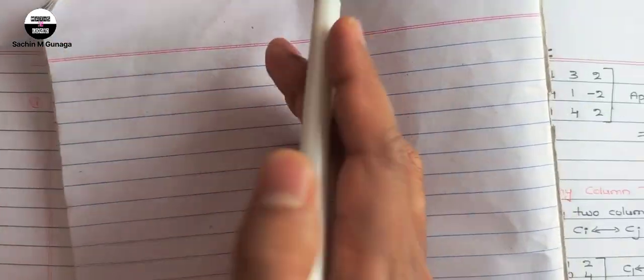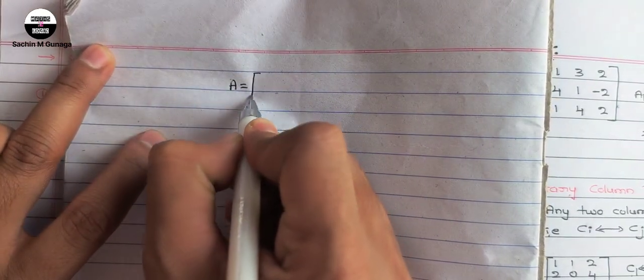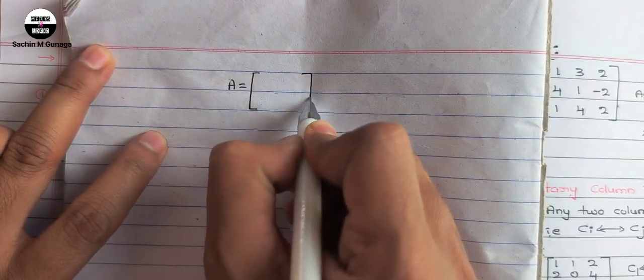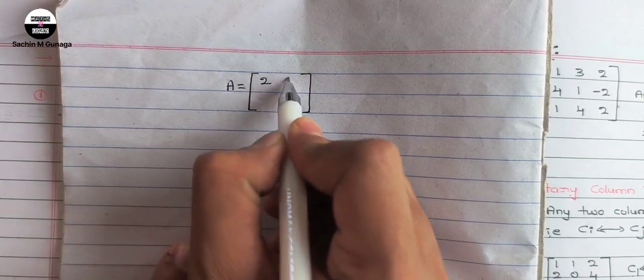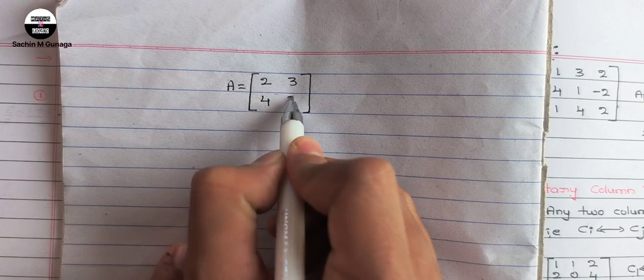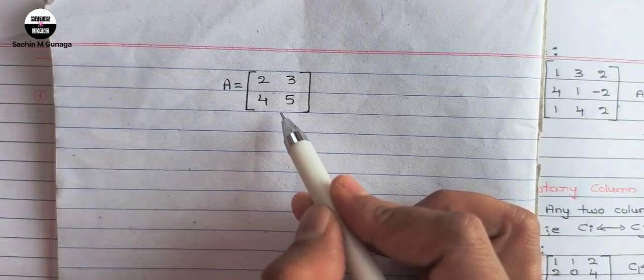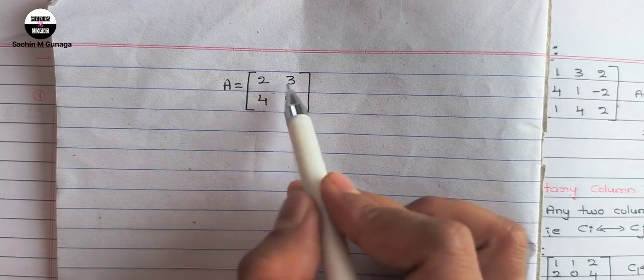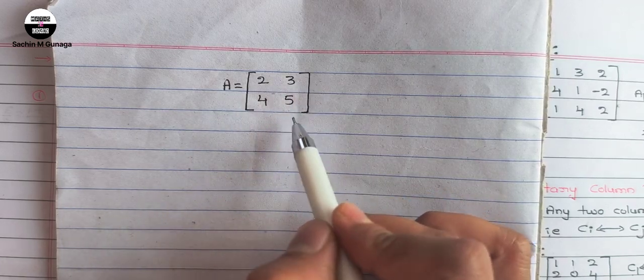As we know, a matrix is the arrangement of rows and columns in a bracket. Suppose, for example, I consider one matrix A equals 2, 3, 4, 5. This is what we call a matrix, because it is the arrangement of rows and columns in a bracket.